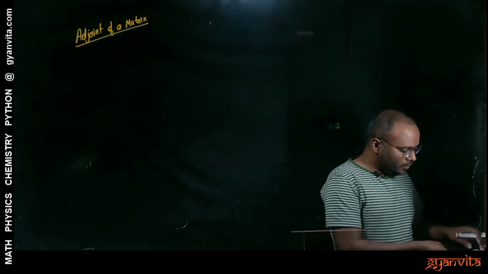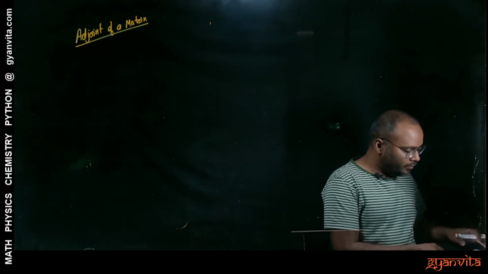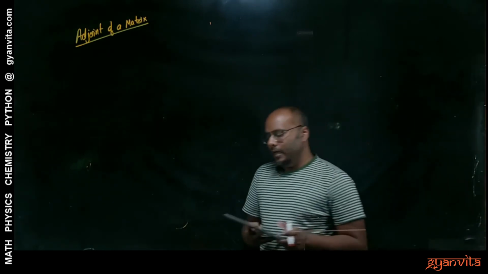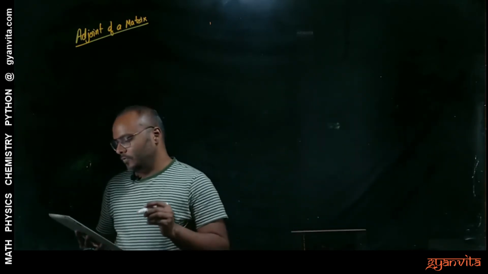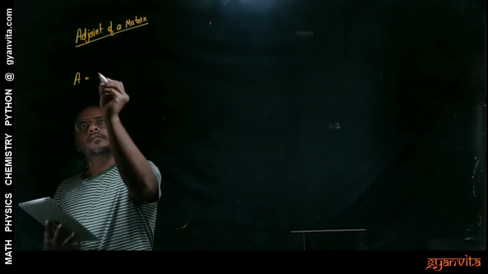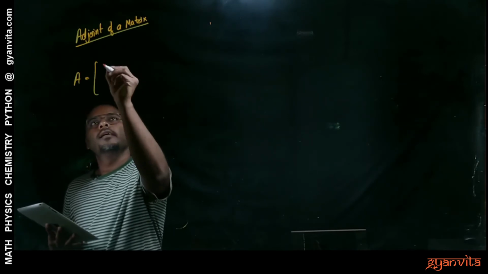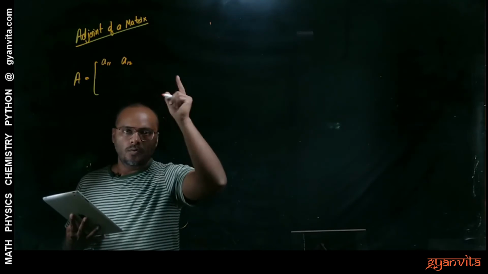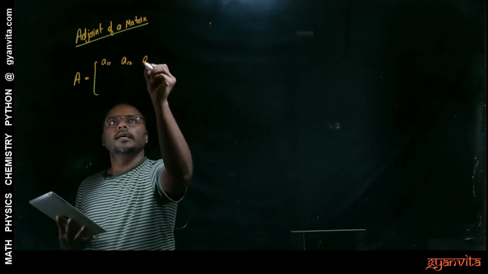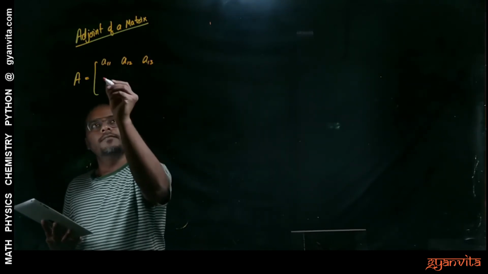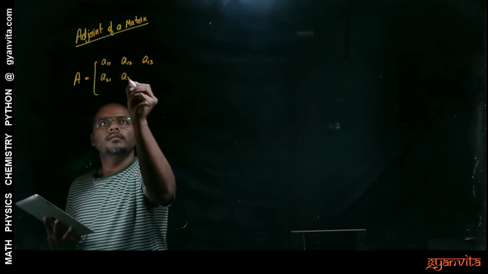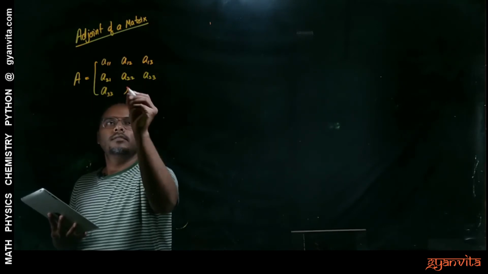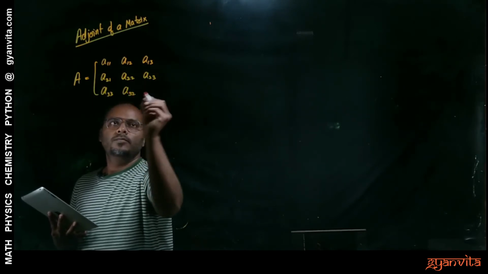Okay, now how to find the adjoint of a matrix? It's simple. If you have a matrix A, which is say A11, A12, that is first row, second column, then A13, same way A21, 22, 23, 31, 32 and 33.